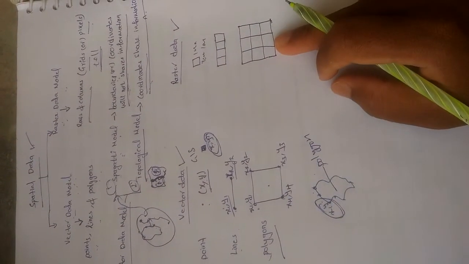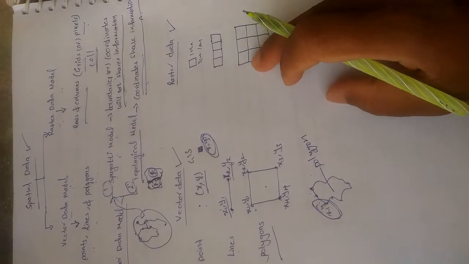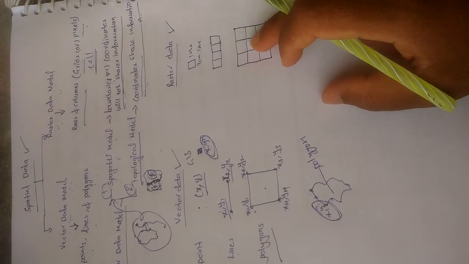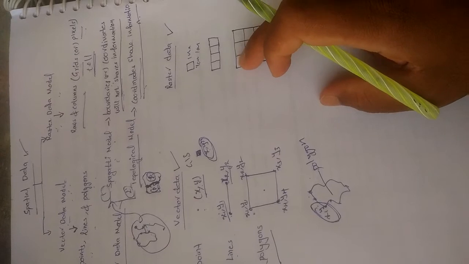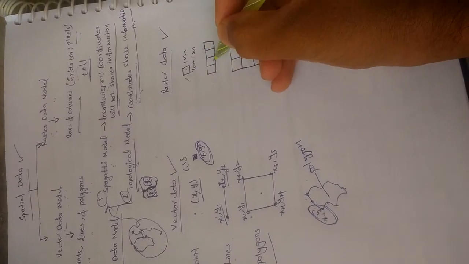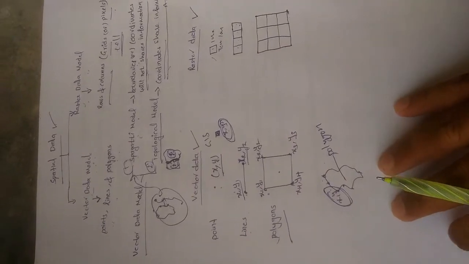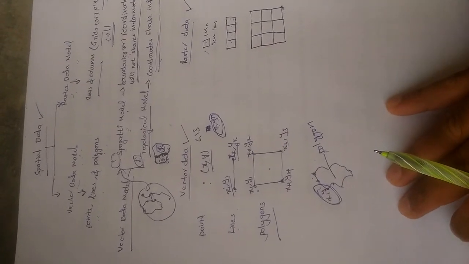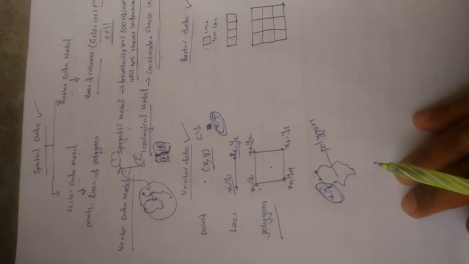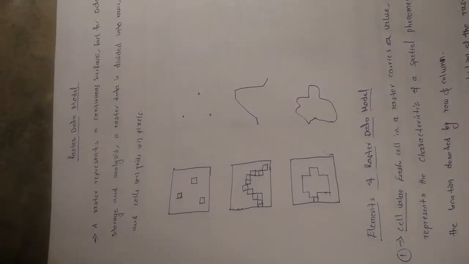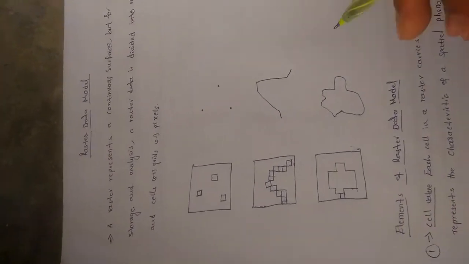Now this one is a raster. All of these are grids or cells, or we can say pixels. This is 1 pixel, and 1 2 3 4, 4 pixels. This is how we generally look at the geographical spatial information.